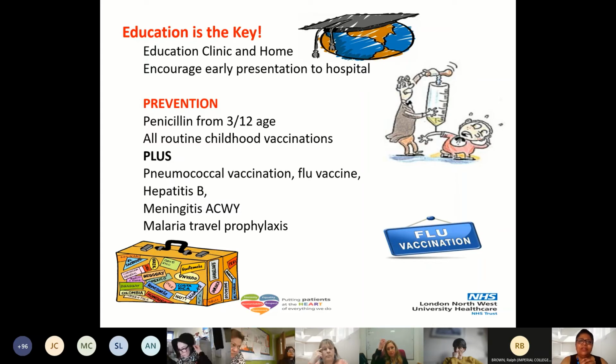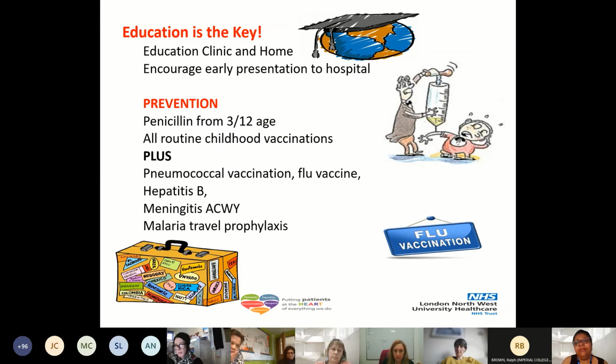So the haematologists like early presentation to hospital, so if there's a problem they can look into it and get it sorted, so the child does not have to go through a lot of debilitating problems. So early presentation to hospital, if you're in doubt, for a medical assessment is the best.